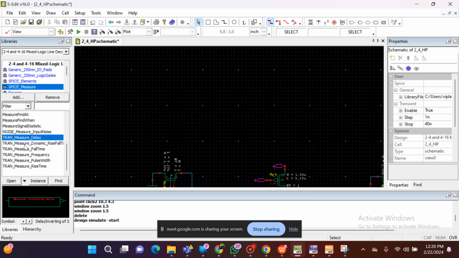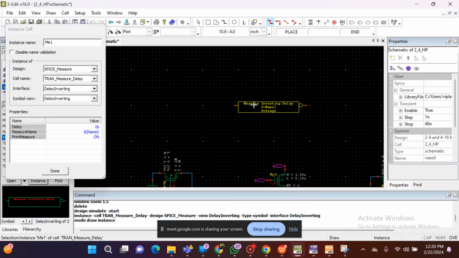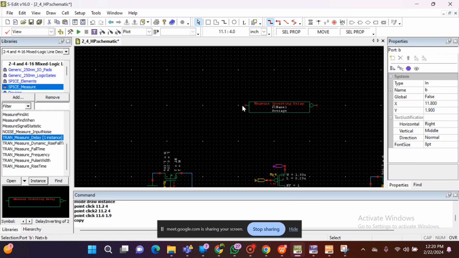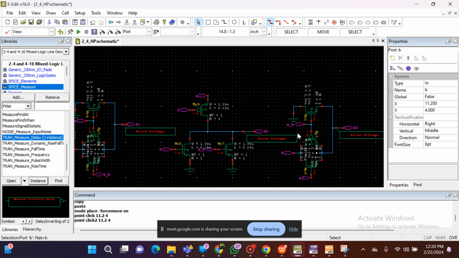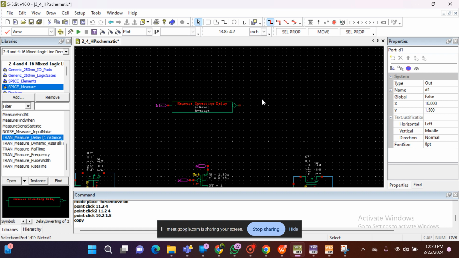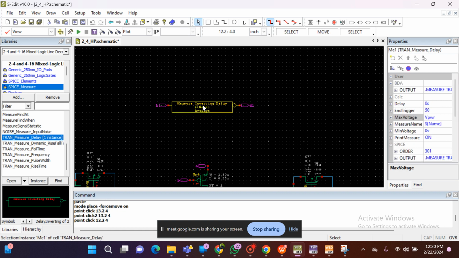For that purpose, take the trans measure delay. Okay, here one is the input and one is the output. So let's take the B input, and D1 we need to take as the output. Yes, taken. Okay, so just click here.